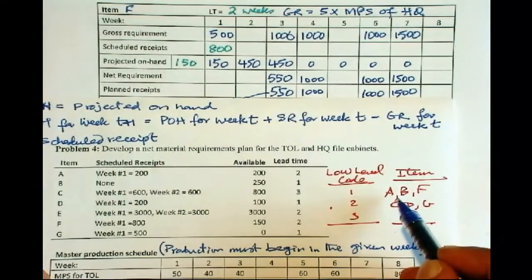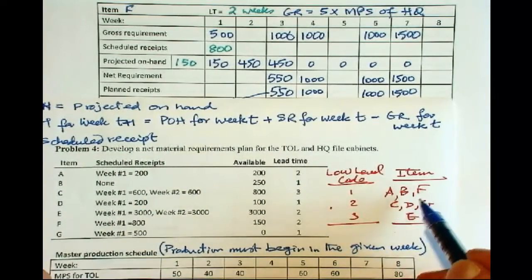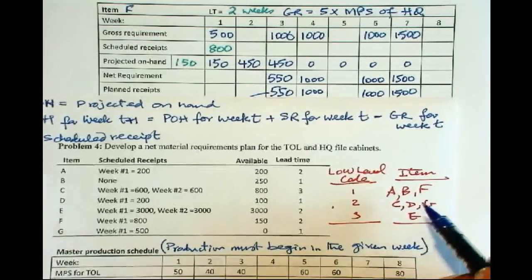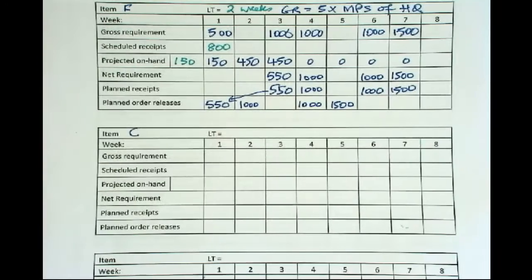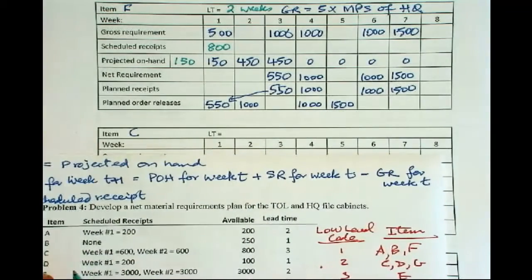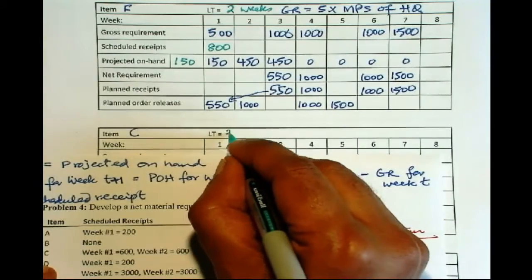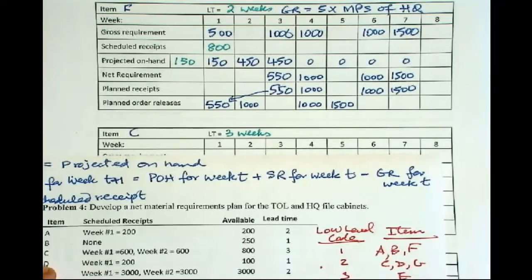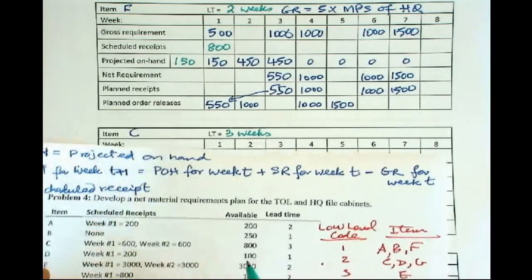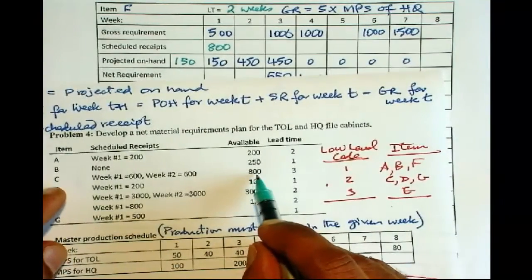So now we are done with A, B and F. So the next item is C. The information given for C: lead time is 3 weeks, and we have 800 units available.